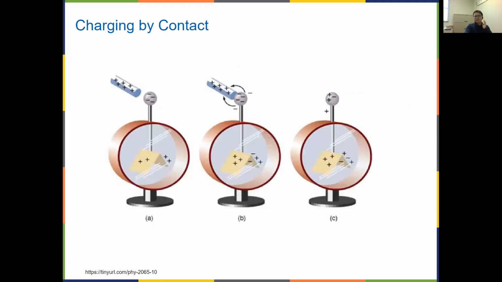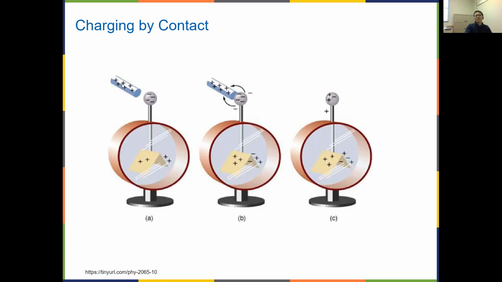You can charge particles by contact. That means you have a charged rod that you move close to a metal piece and then bring into contact. Before it touches the metal, it actually polarizes the metal. More negative charges will be on the side closer to the rod, and positive charges will be expelled further away.